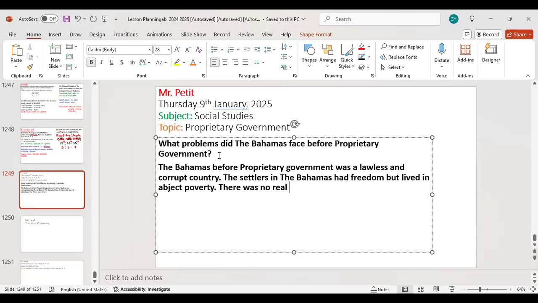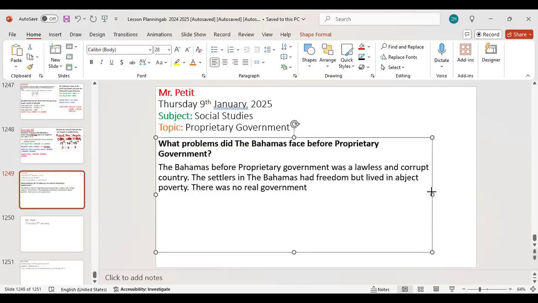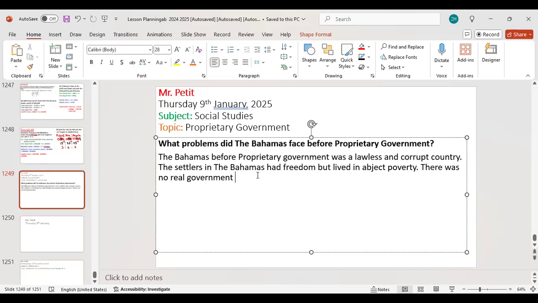Now, what's the purpose of a government, right? In general, what's the purpose? To control and make sure, like... Go ahead. To bring law and order to the country. Yeah, to bring law and order, to set up laws and to enforce those laws, right? To make sure that there's a reward and punishment system, right?